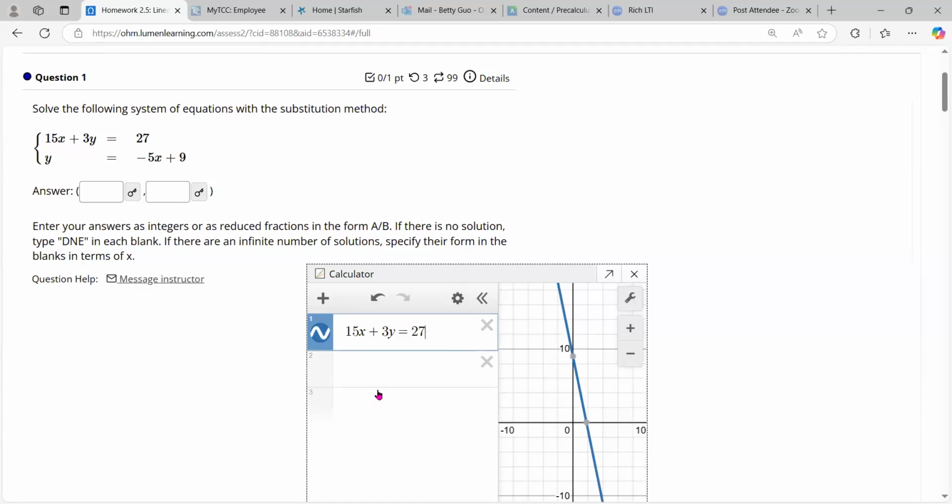And then you're going to do another equation, y equals -5x plus 9. That's the second equation. And look at what happened. Do you see the two straight lines overlapping, coinciding? Yes, I see.